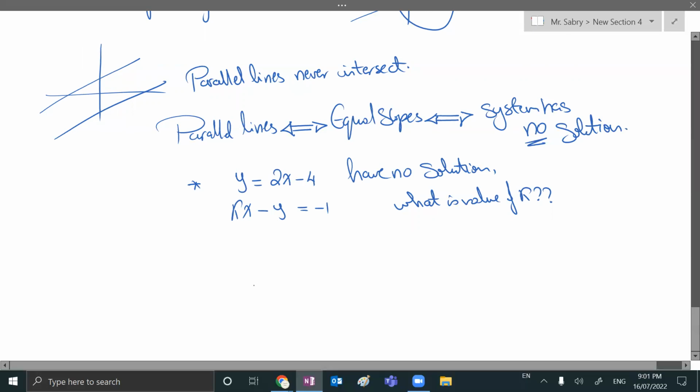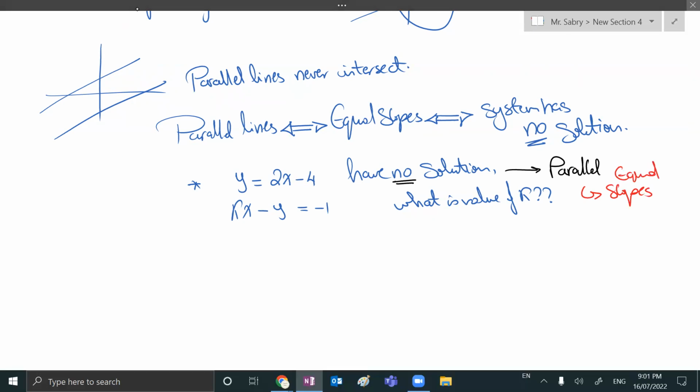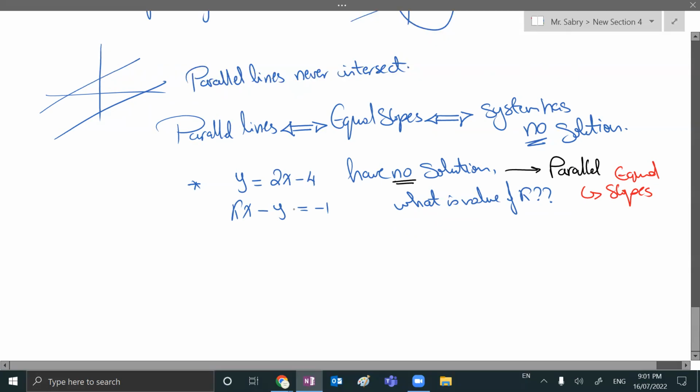Yes, please, go ahead. Because they have no solutions, because no parallel, solution, so this means they're parallel. Good. What do you know about parallel? That they have equal slopes. Good. So the first thing you think about is slopes right away, right? Equal slopes. Okay. What do we do? I have the slope, which is 2 in the first equation.